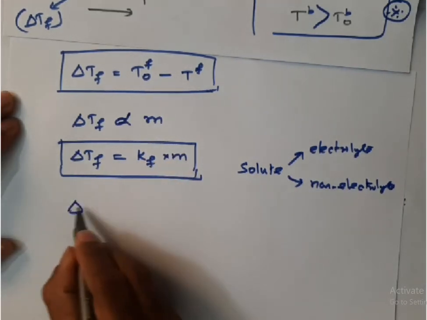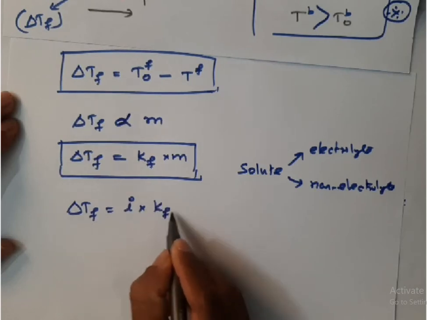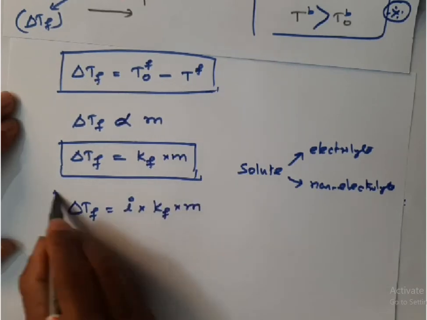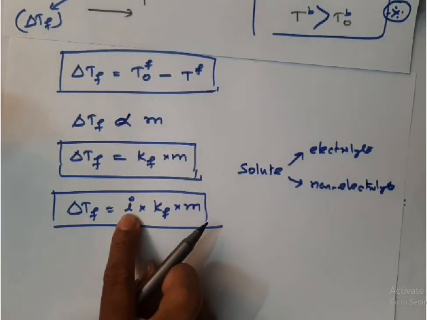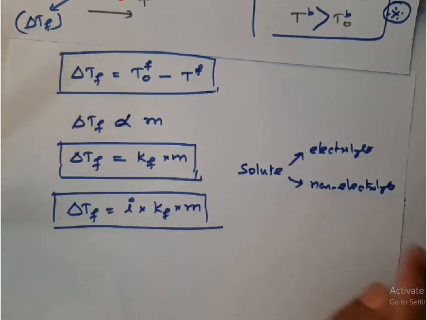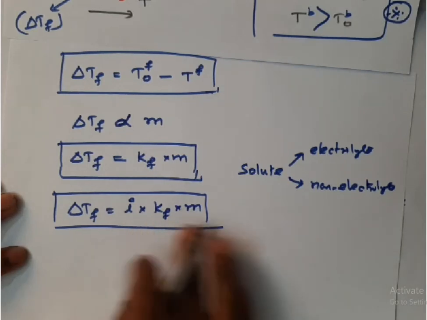So in order to include that, I introduce this i here: i into Kf into m. This i will take care of whether the solute undergoes dissociation or association, or remains a non-electrolyte. So that will take care of the number of particles. The remaining expression we know, Kf into m.